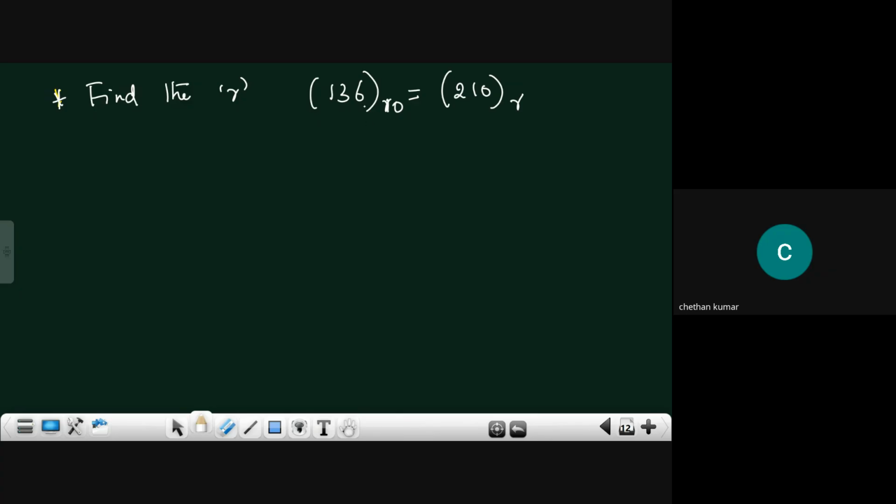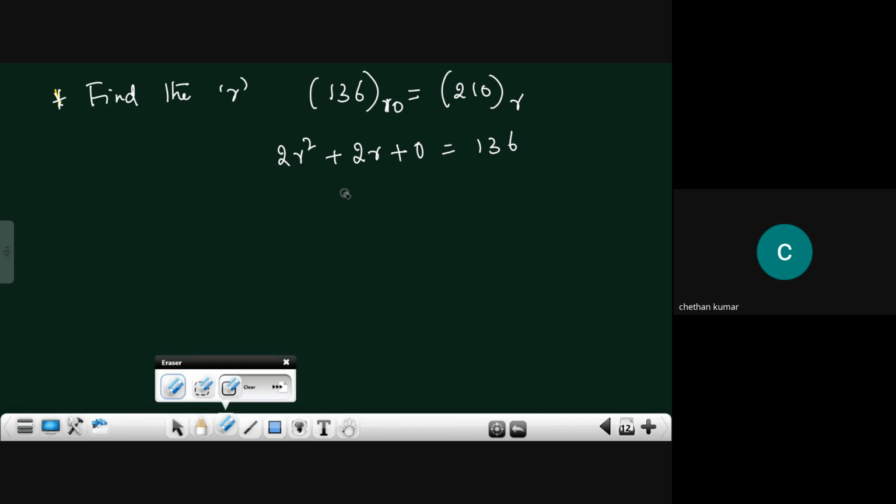This number is already in decimal only. Now this number, 210 base of R, you should convert into decimal. How to convert this into decimal? 2R square plus 2R plus 0 is equal to 136.